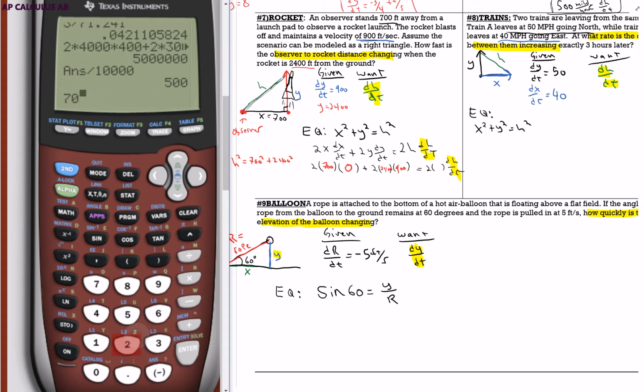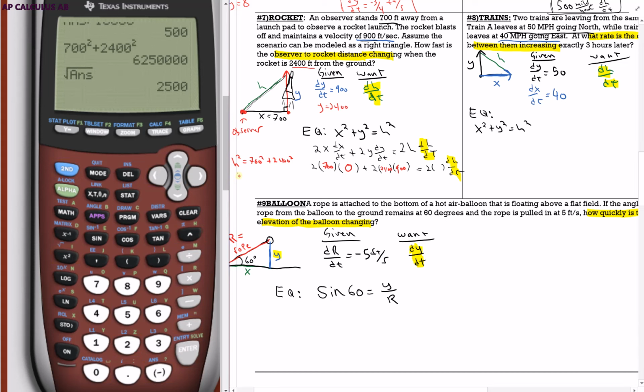So 700 squared plus 2400 squared equals that, and we take the square root of our answer, and we get 2500, right? So h is 2500. So we're going to put that right here, 2500, right? And then we solve this equation.